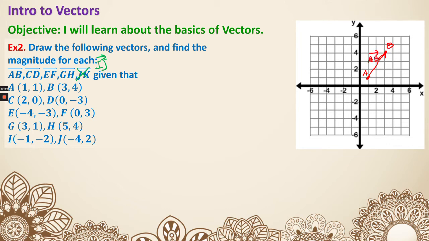Okay, I can find the magnitude of AB. This is going to be right here, the little right triangle. I'm not going to draw every single right triangle. That will make too much drawing on here, which is not clear. But I'll show the first two. So, AB. That part is a 2. That part is a 3. So that means I need the square root of 2 squared plus 3 squared.